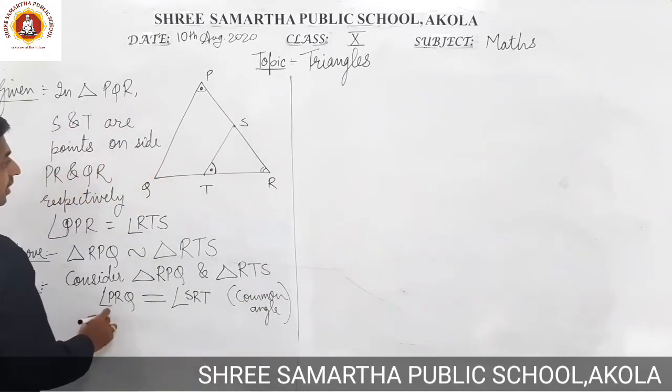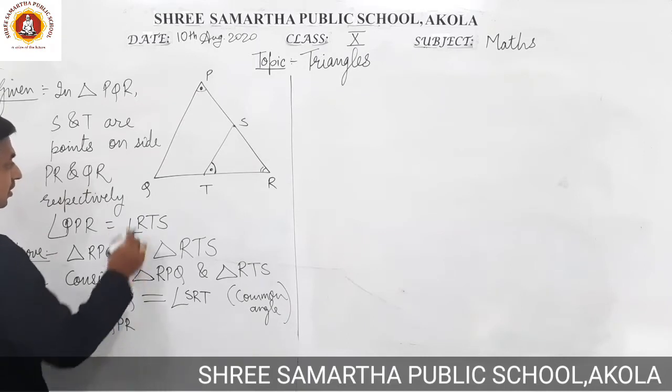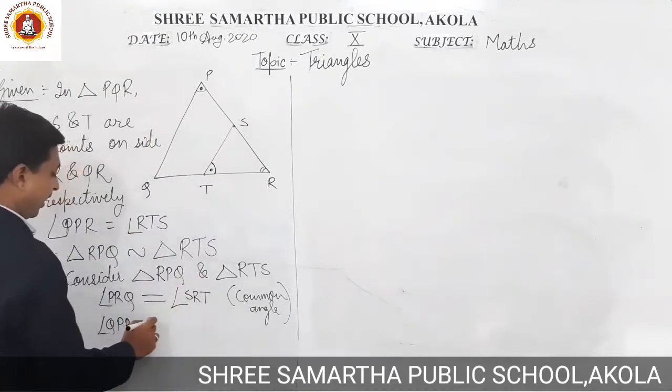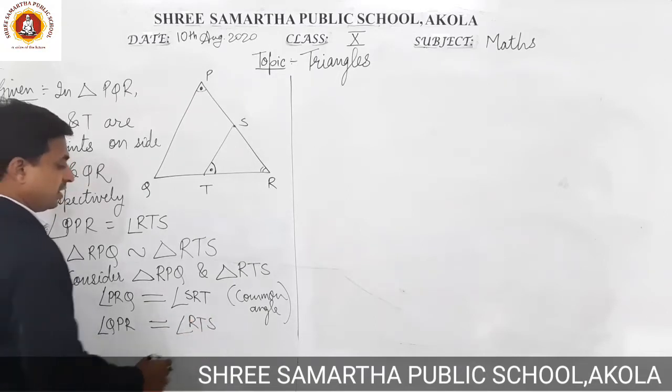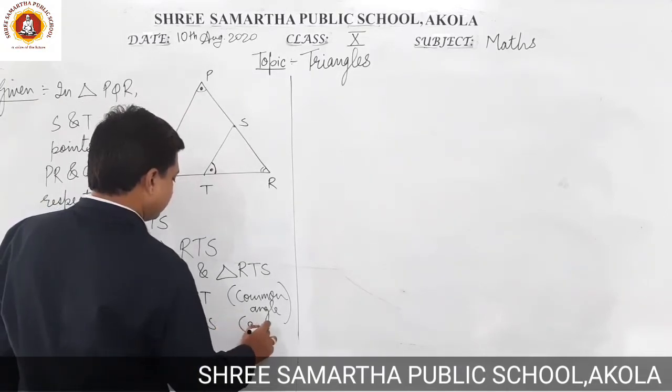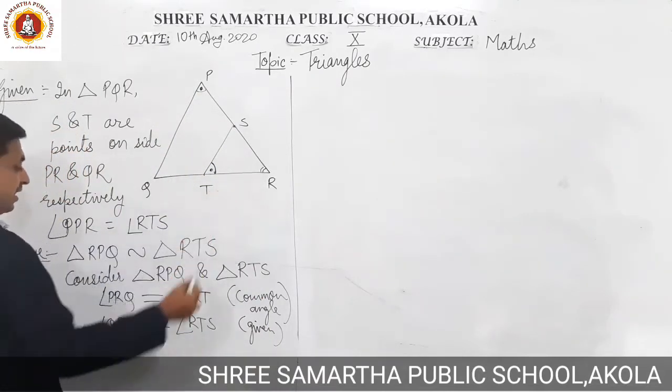Second, we will get angle QPR is equal to angle RTS. This is given. These angles T and P are equal, and angle R is common.